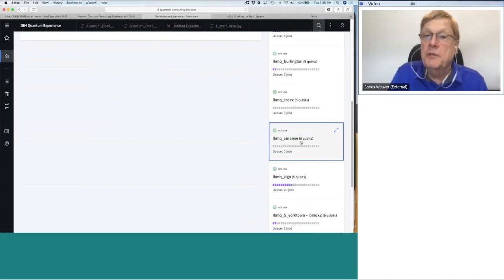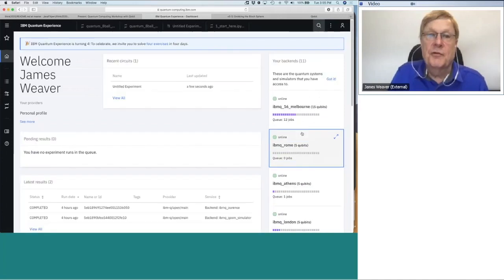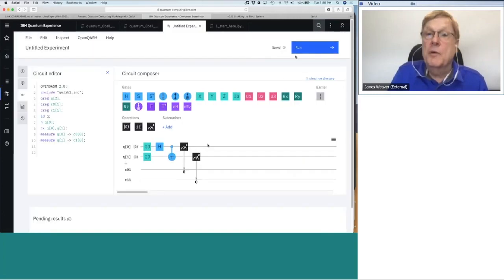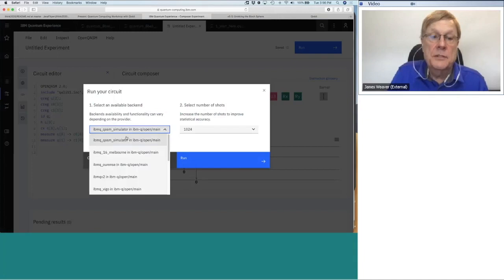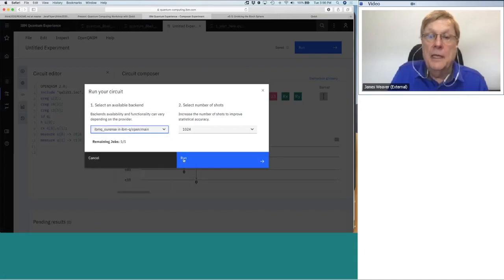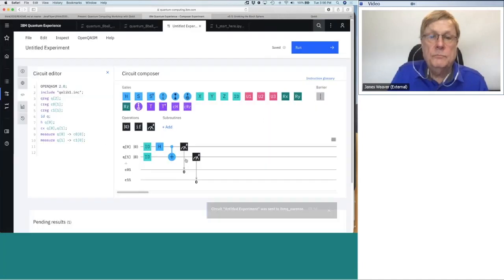It's a 5-qubit real quantum computer in the IBM cloud that you can use for free. And we're going to go to our quantum circuit here. I'm going to run it on that one. And here we are. It's sent to the queue.